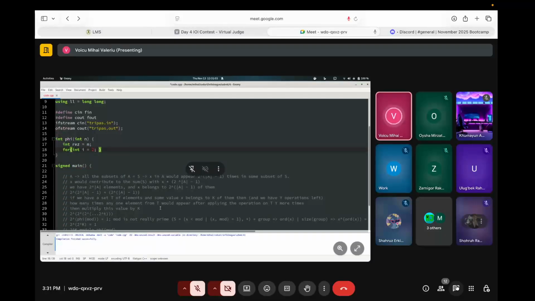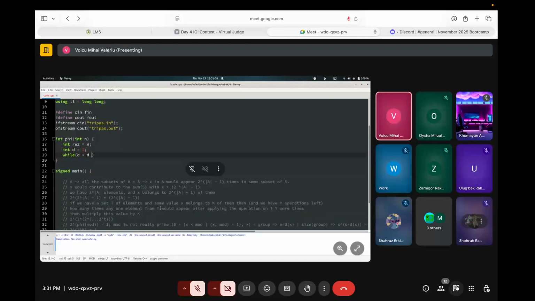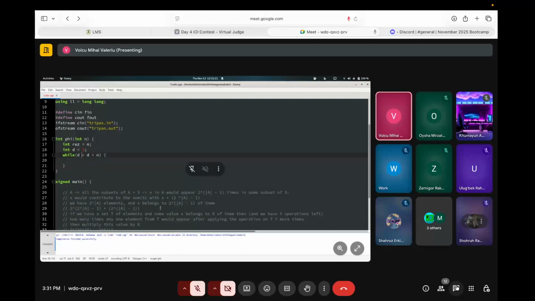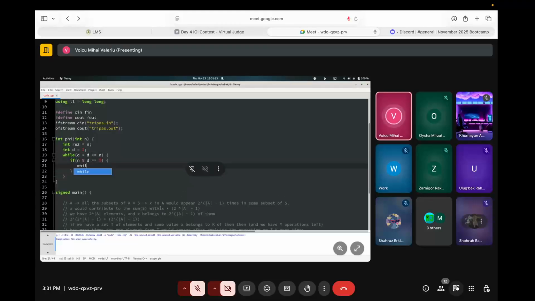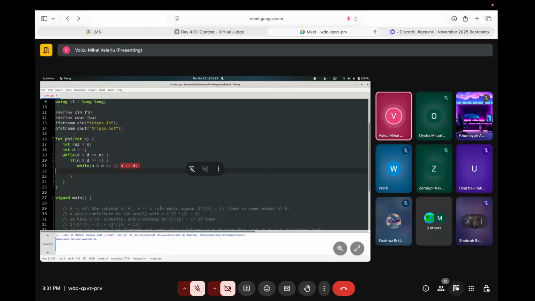Iterate over all the primes, and if we find such a prime divisor, we erase it completely from our number, and then the result becomes, as I said in the document, this value basically.